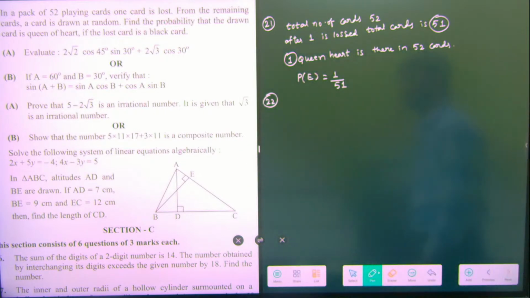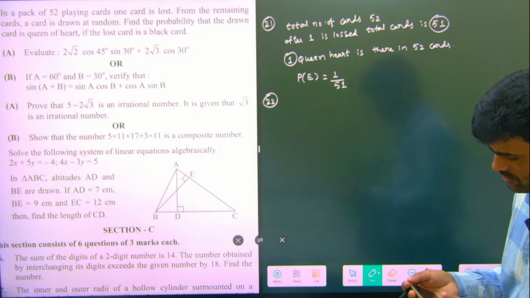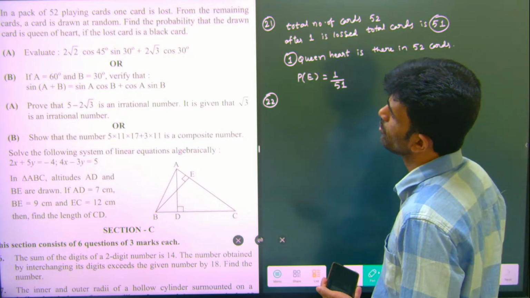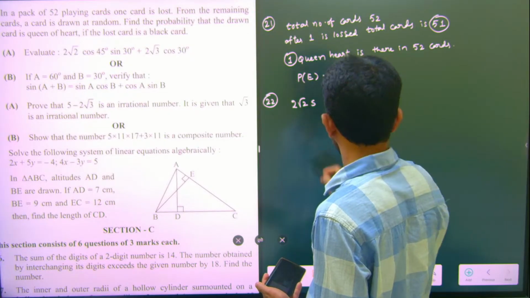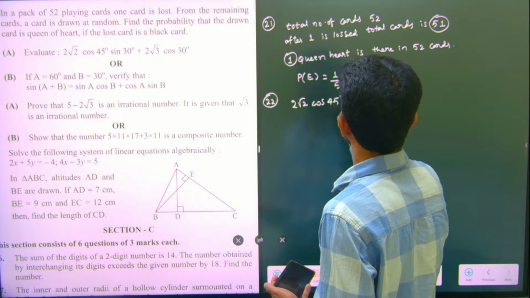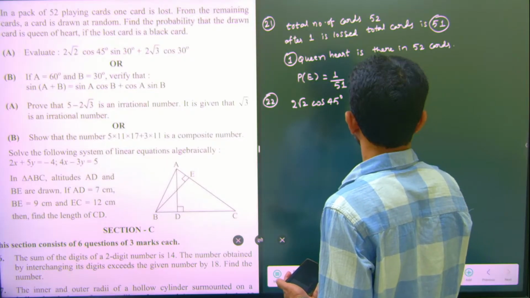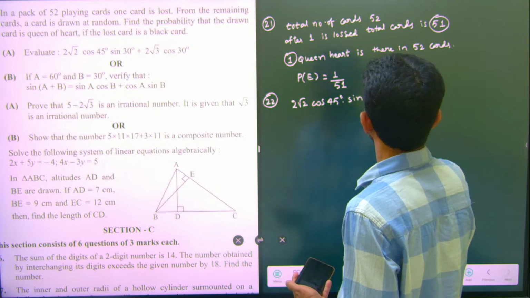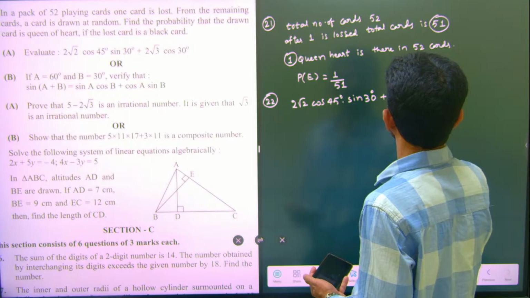21. 22 is what? Do you know how to do 22? So your option, answer is correct, 1 by 51. Question number 22: 2 root 2 cos 45 degrees plus 2 root 3 cos 30 degrees.